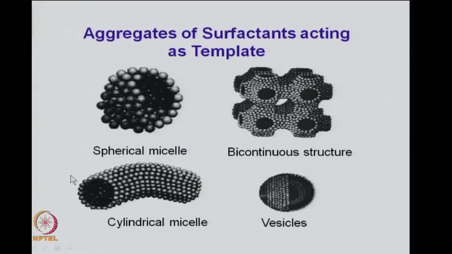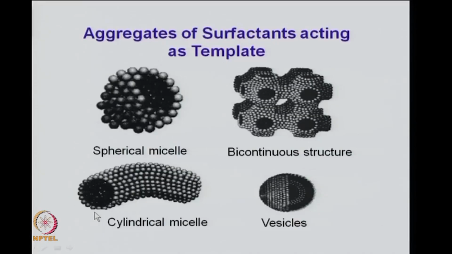So, the surfactant now acts as a template within which you make your material, and the material will be shaped like the template. If you use the cylindrical micelle and do the synthesis inside the micelle, then the product that you get will also have the shape of a cylinder. This is called the templating effect.